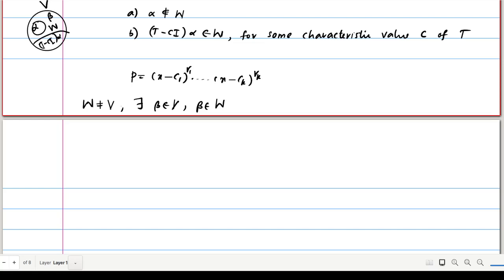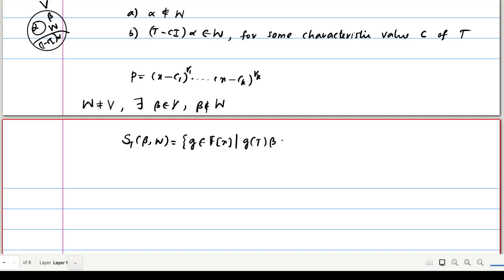If beta is not in W and beta is an element of V, we can consider S(beta; W). This contains all polynomials g in F[x] such that g(T)beta belongs to W.